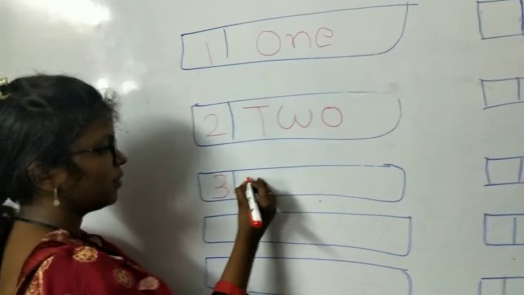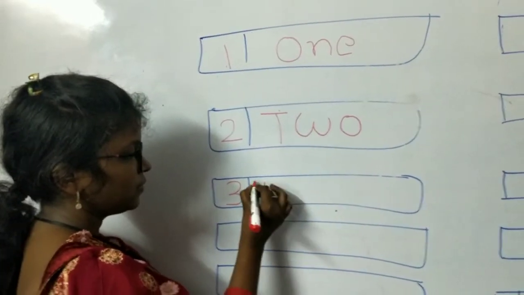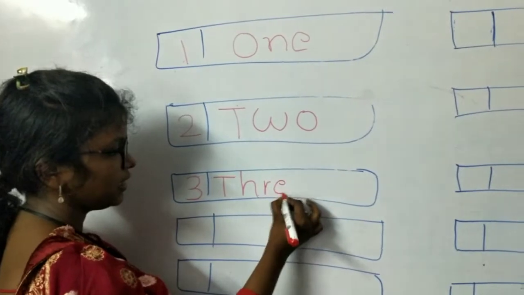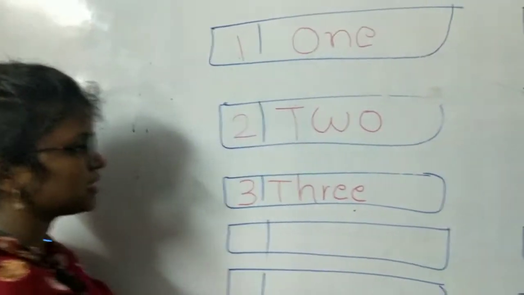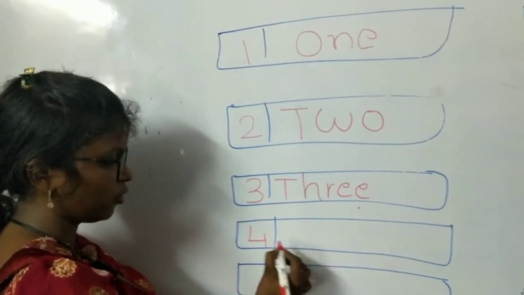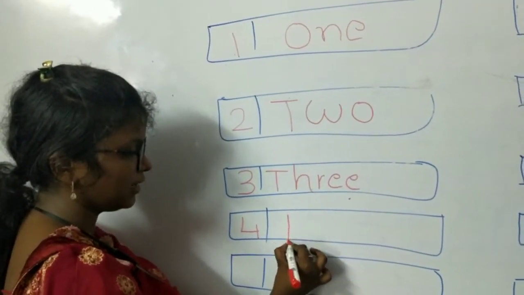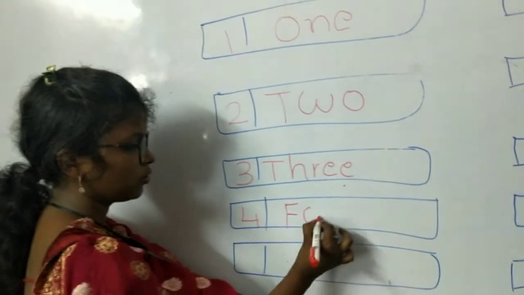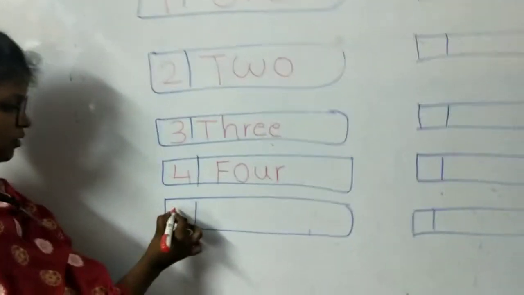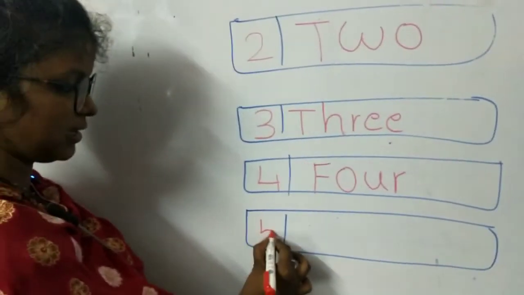What is the number name? THREE, 3. Take your pencils and write neatly. And next, 4 fingers are there. 4. What is the spelling of 4? FOUR, 4.